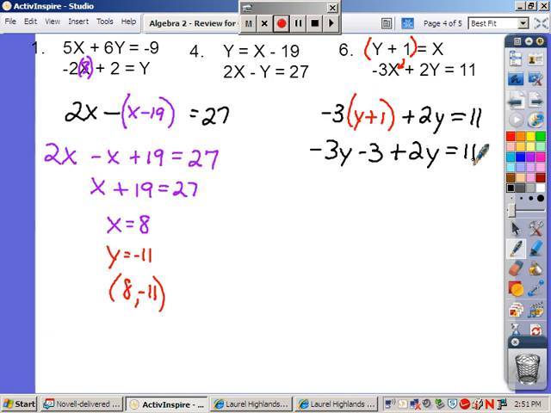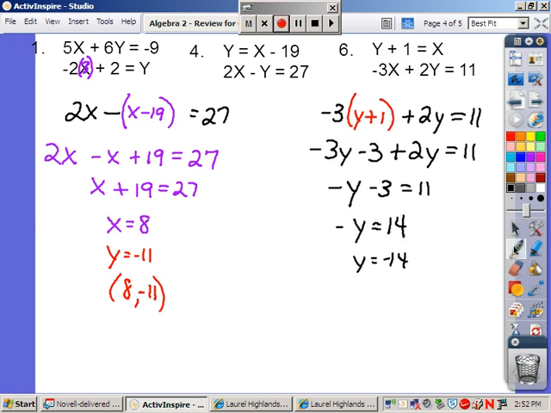Negative 3y and positive 2y leaves me with negative 1y, or just negative y. Minus 3 equals 11. I would add 3 to both sides here. That leaves me with negative y equals 14. And so if negative y equals 14, positive y must equal negative 14. So there's our answer for y.